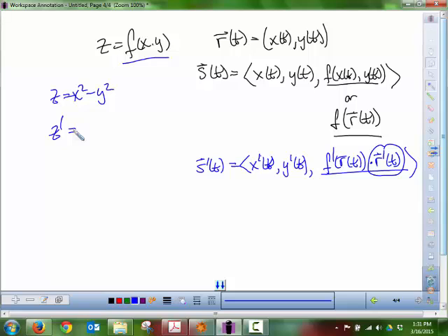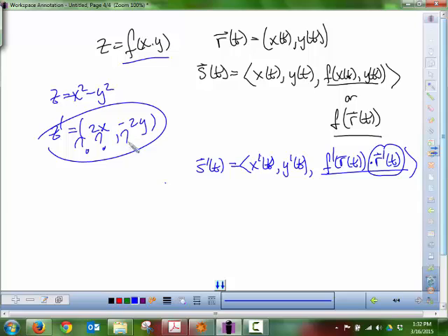So if we take the partial with respect to x and the partial with respect to y, are we combining them? How are we going to combine this? Okay, so the point is that this prime business doesn't work now because we have two variables.